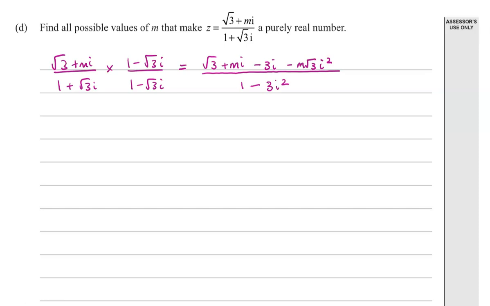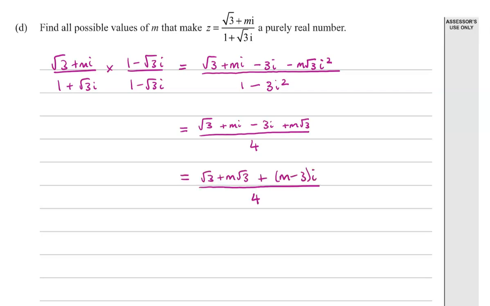So working that through looks like this, and then tidying that up we get this answer here. Then we separate out the real and the imaginary parts, because we're trying to look at what the imaginary part would do, and if we can eliminate that section. So we've separated the real to the left and the imaginary to the right, factorizing out that i.